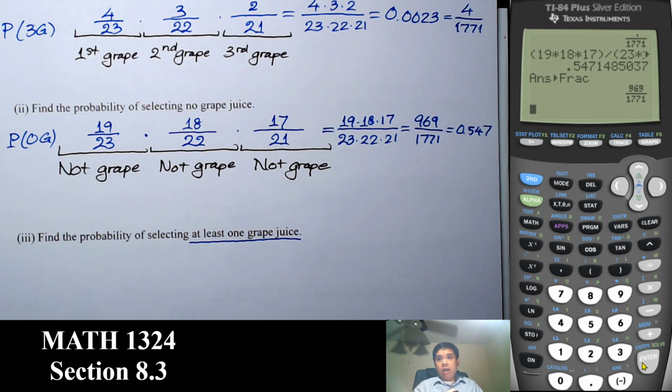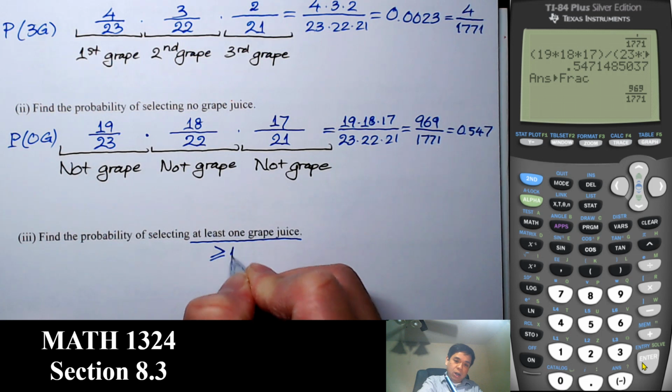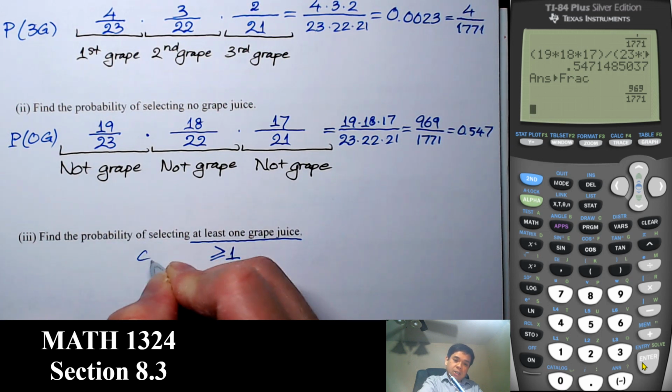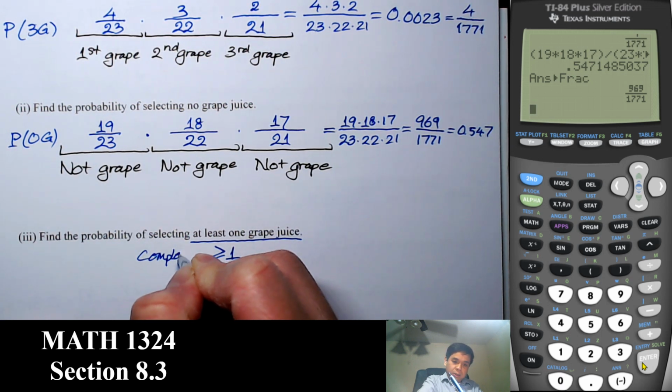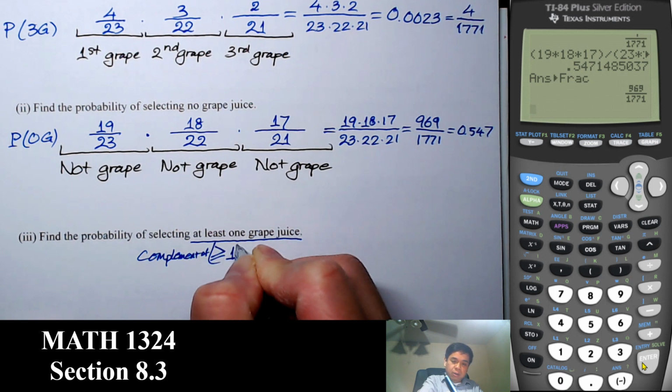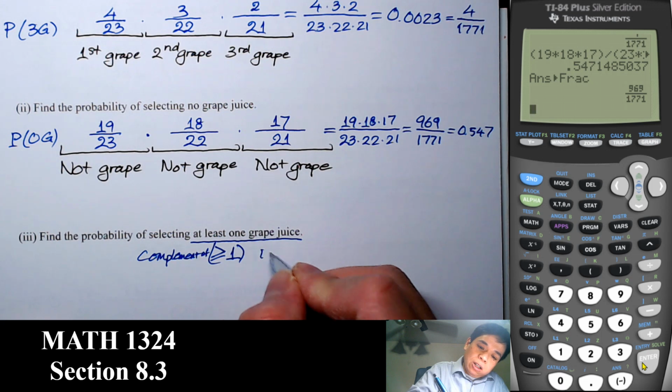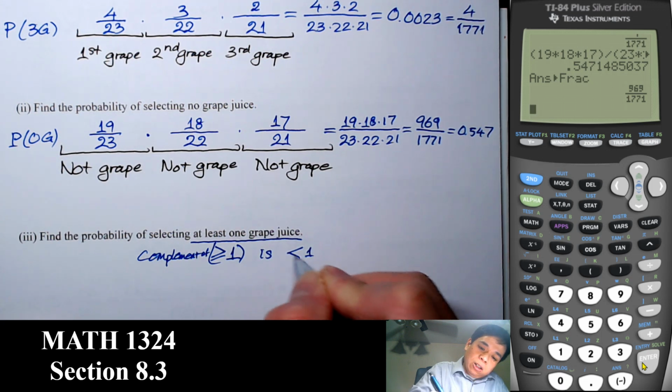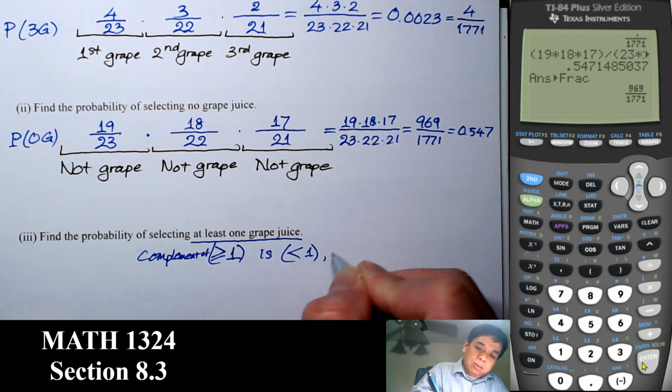Complement of at least 1 is none, right? At least 1 meaning greater than or equal to 1. Complement of this, complement of at least 1 greater than 1 is less than 1. And of course less than 1 meaning none.